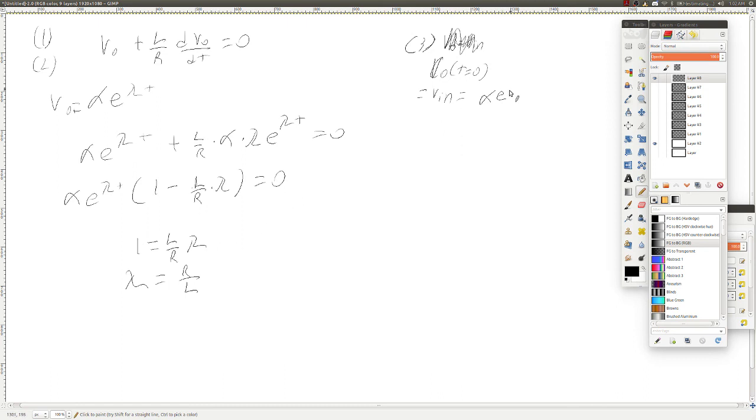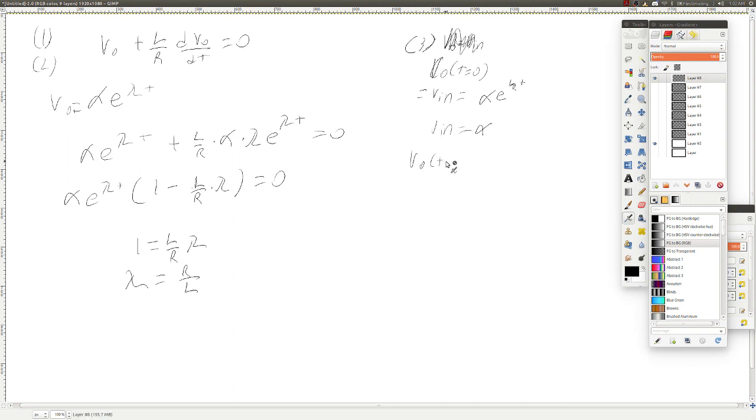Yeah, this is correct. For a moment I almost thought I was making another mistake, but I'm not on this one. It is equal to e to the L over R t. Now we know that t is 0, which means that V in is equal to alpha. So here we have V out for t greater than 0.